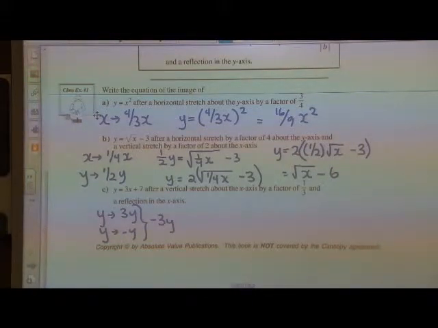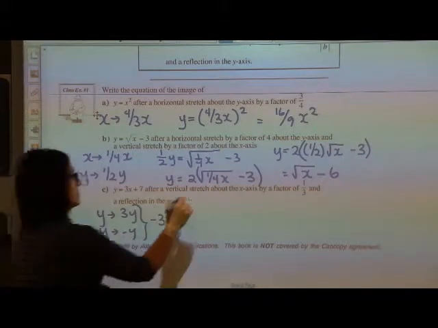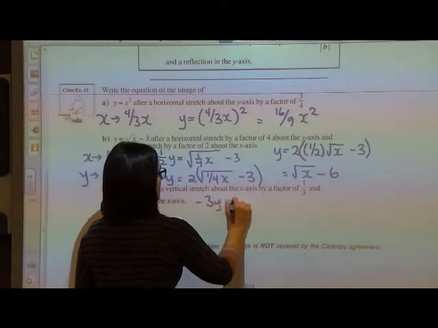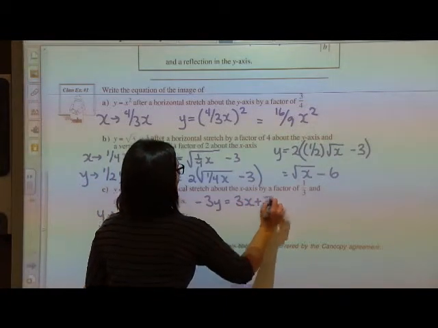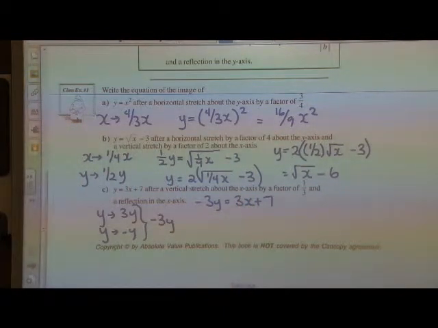So what does my new equation look like? Instead of y equals 3x plus 7, what would I have? So negative 3y equals 3x plus 7. I want the y by itself, so what do I divide everything by? Negative 3.